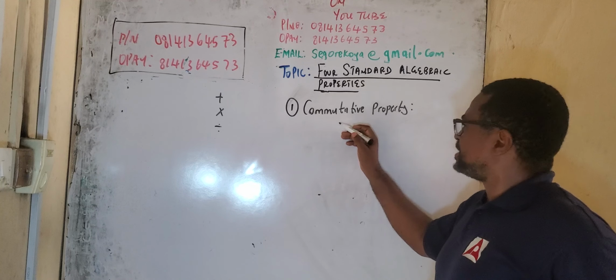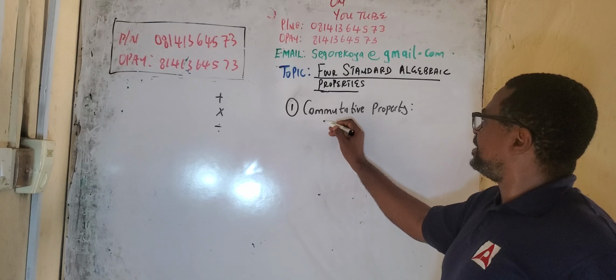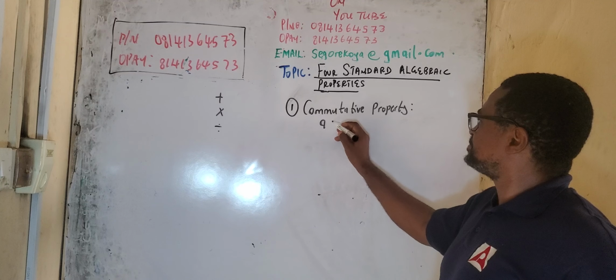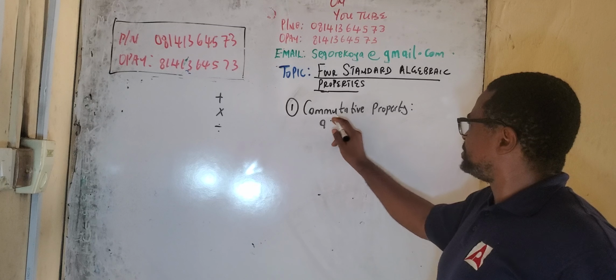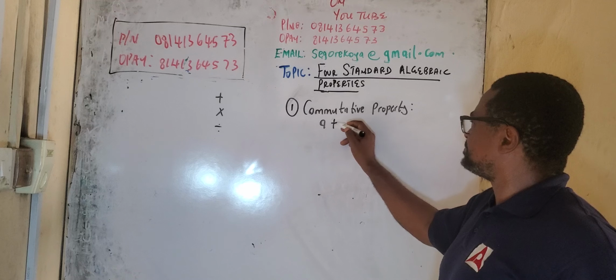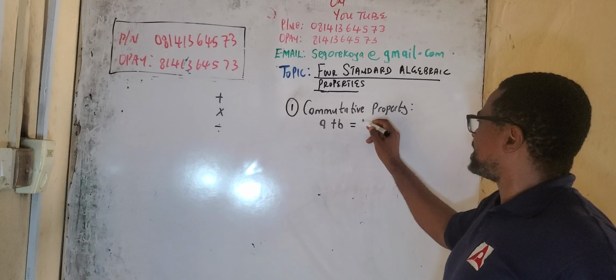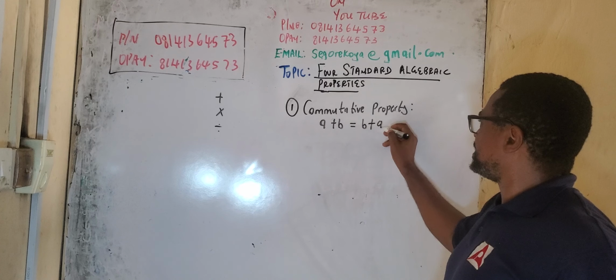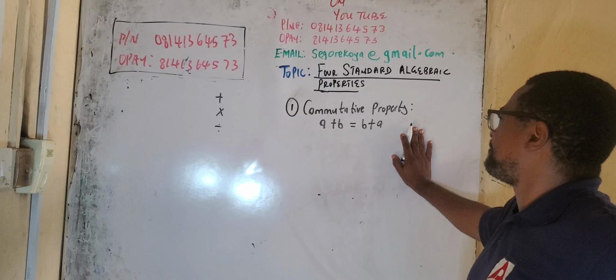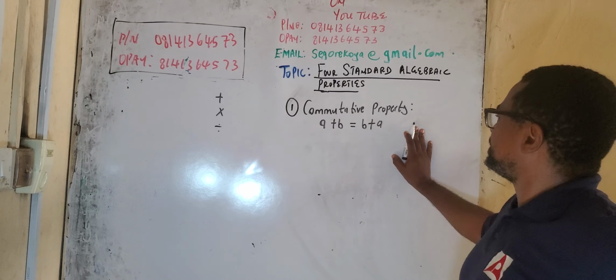Now for the commutative property, let's say this is an algebra, A operation B, that is A plus B, can be written as B plus A. This is called the commutative property.